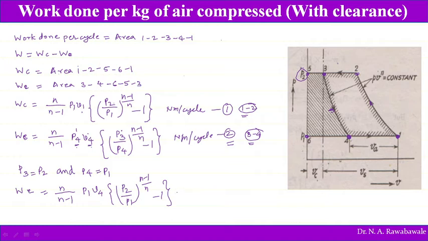So this is Newton meter per cycle. We can call this equation number 3.